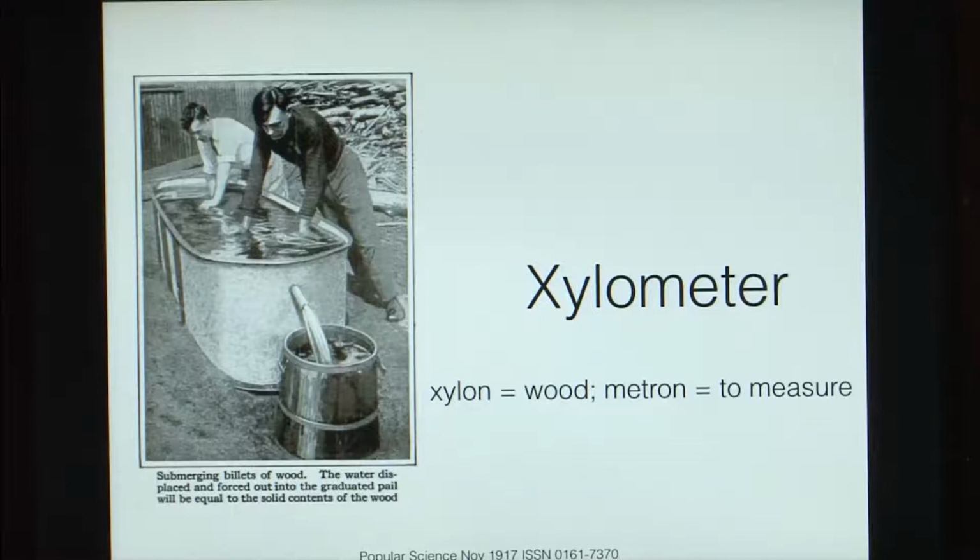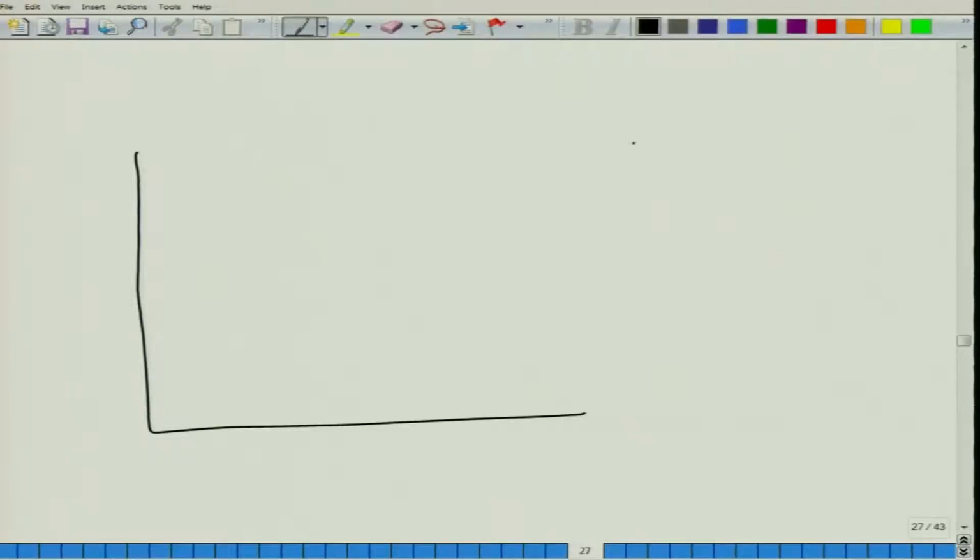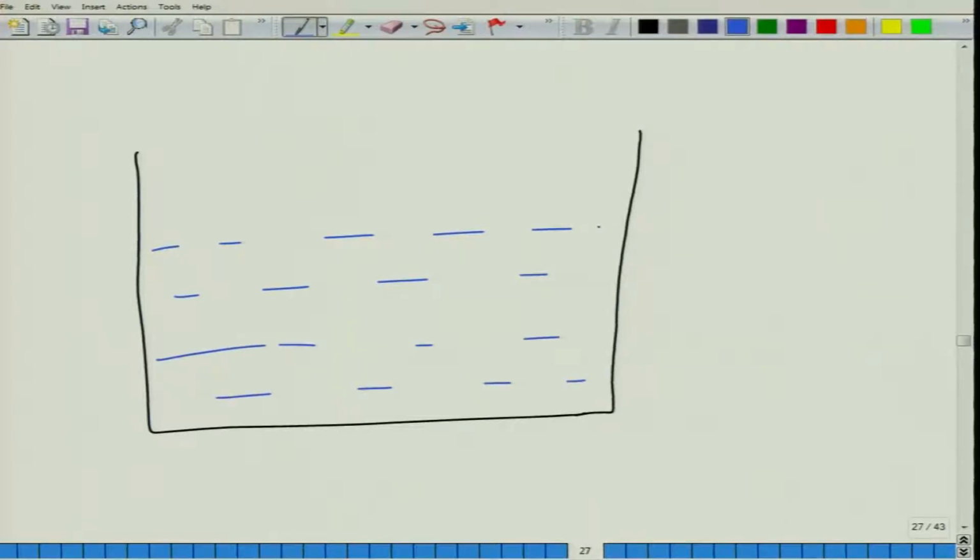So, essentially what these people are doing is that you take a big vat and you fill it with water to a certain level. Now, at this level itself, your vat will have an outlet. So, here you have an outlet.